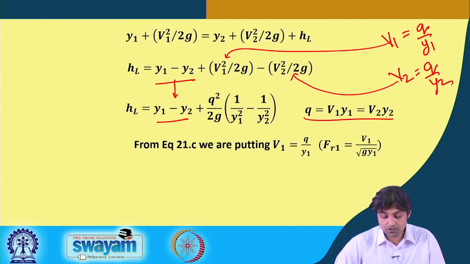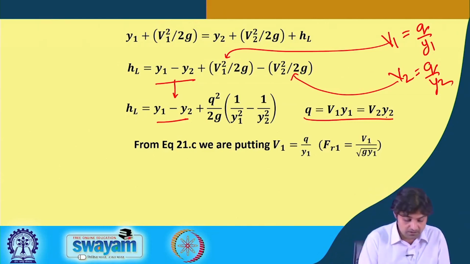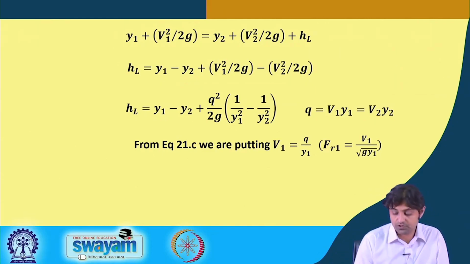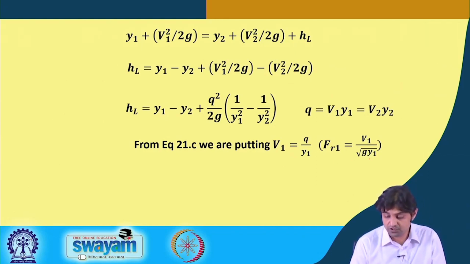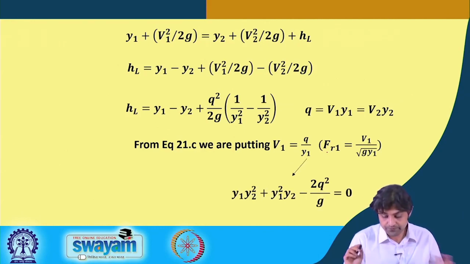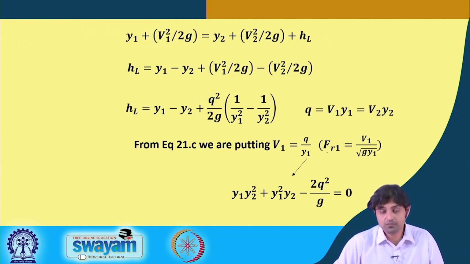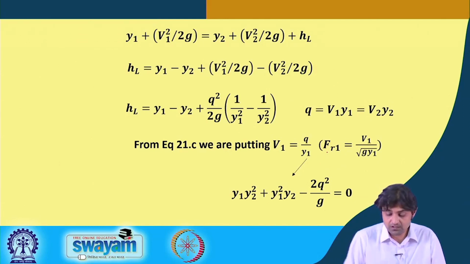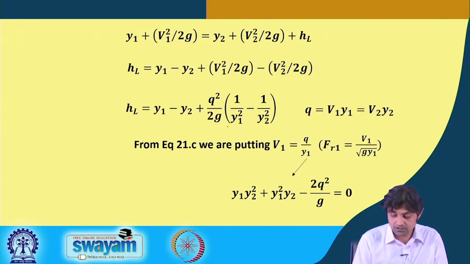From equation number 21 C, v1 is actually q by y1. So you remember, we are putting v1 is equal to q by y1, and Froude number 1 is v1 by under root g y1.